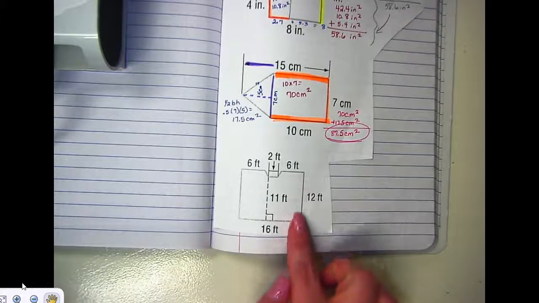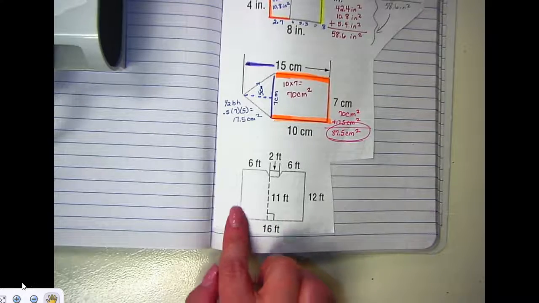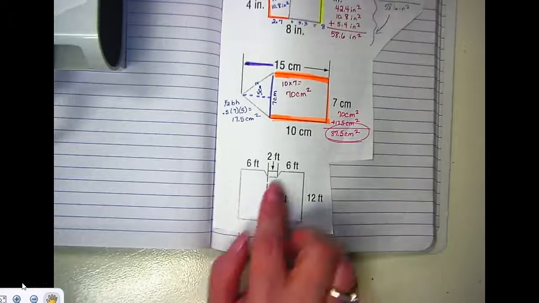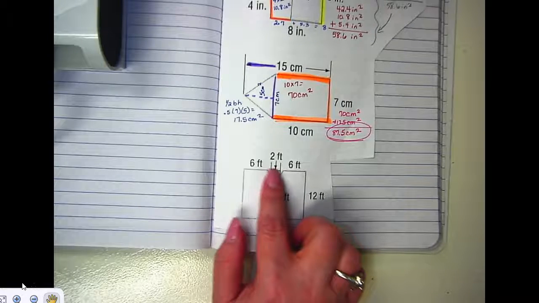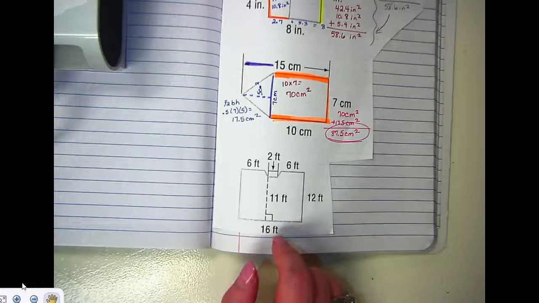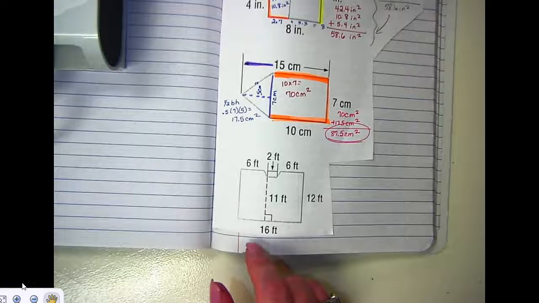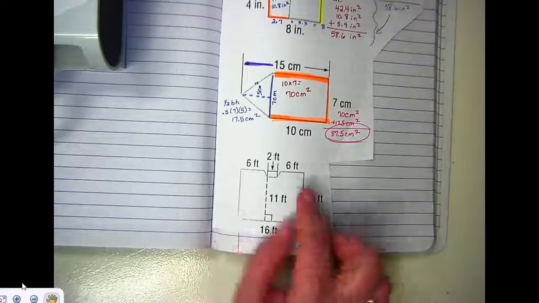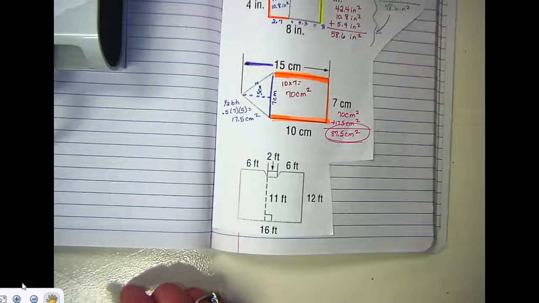So, we're going to find the area of the entire rectangle. Then we have to find the area of this missing part. And then what would we have to do? Would we add it together or would we subtract it off? Yeah, we're going to have to take that missing area and subtract it off.